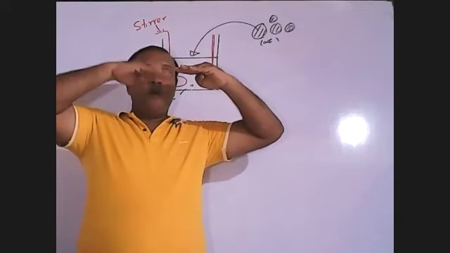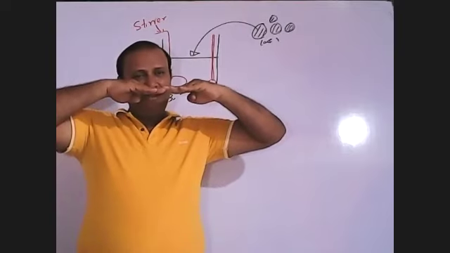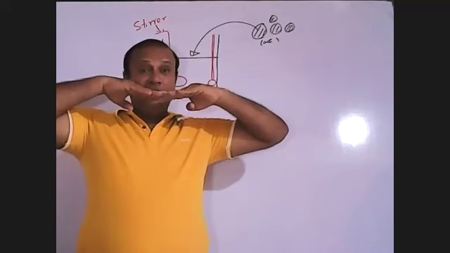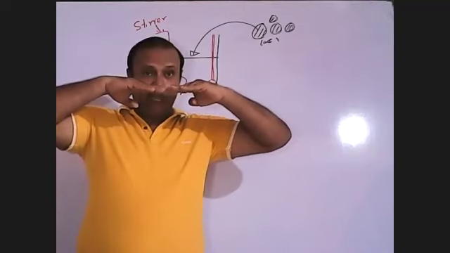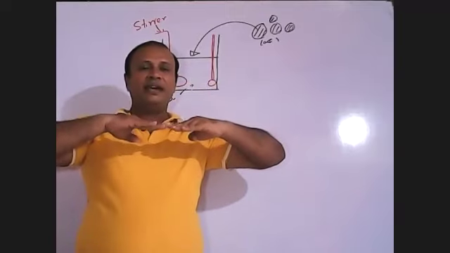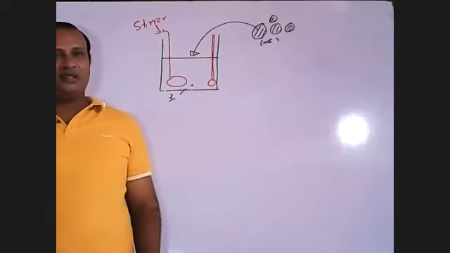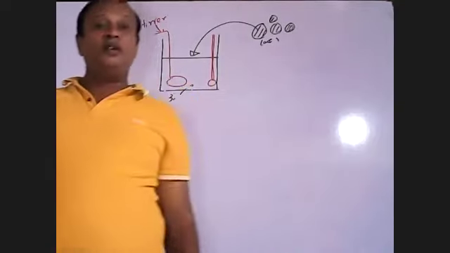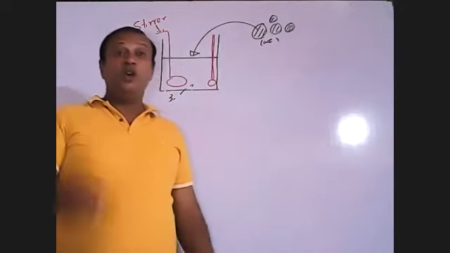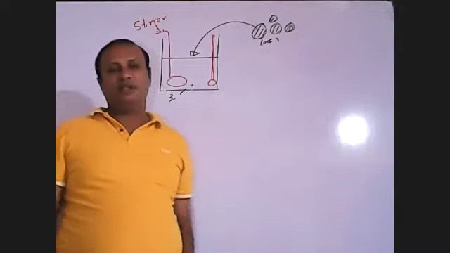This is the maximum temperature point of the water. If I keep much longer time, then what will happen? The temperature of the entire system will decrease. So that is the reason we are not going to use the word final temperature. We are going to use the maximum temperature of the water system.